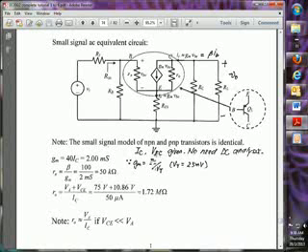As we know IC from tutorial 5 question 4, you can find gm. R pi can be obtained once you obtain gm, and R pi is 50 kilo ohm. R0 is equal to this. For PNP, we just put modulus across the VCE, and you have this, and R0 is equal to 1.72 mega ohm.